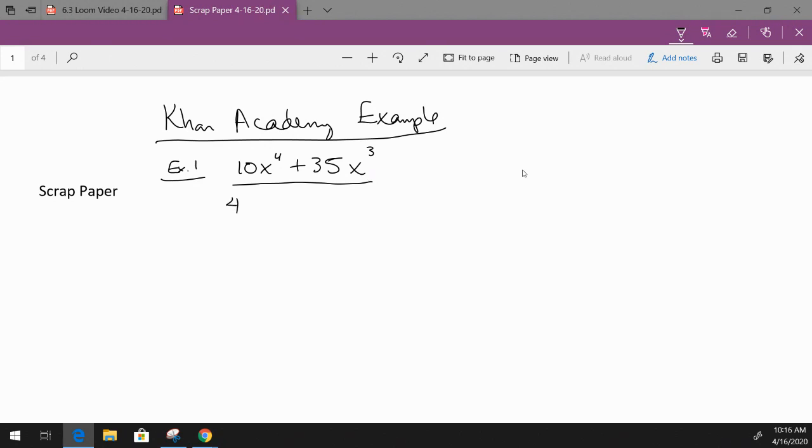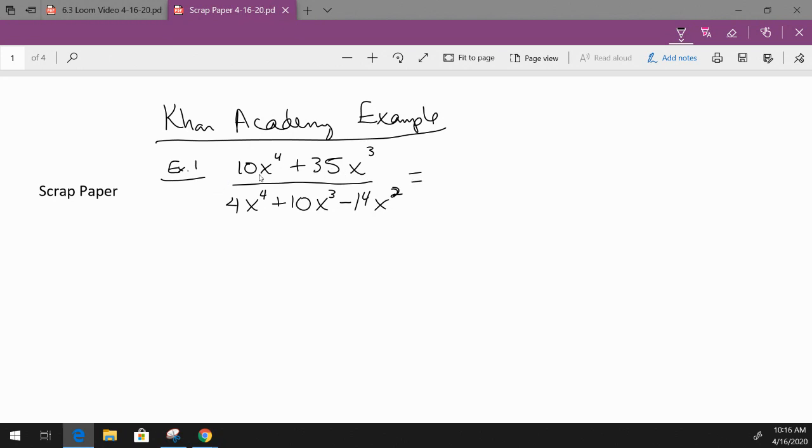So 4x to the 4th plus 10x to the 3rd minus 14x squared. Okay, so if this is what you're starting with, again, you want to factor the numerator and factor the denominator.